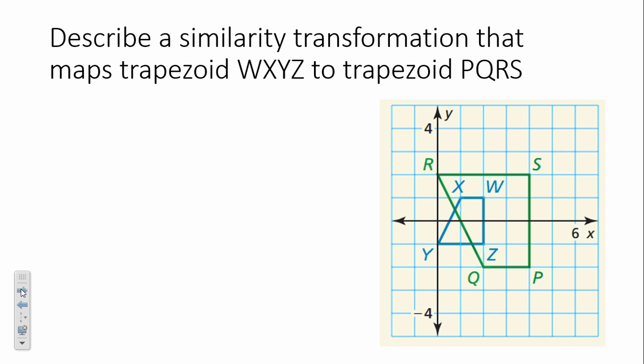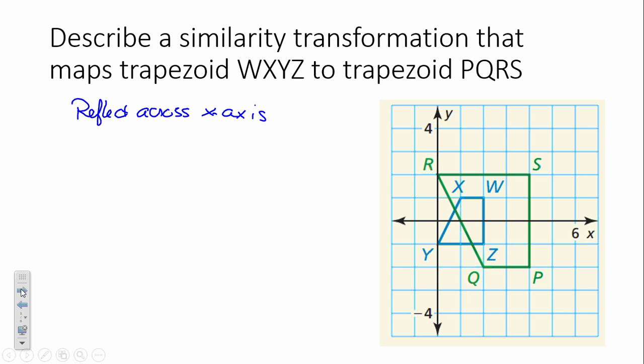So if we reflect across the x, and we're going from WXYZ, the small one, to the large one. When we reflect it across the x-axis, it's dropping down, right?